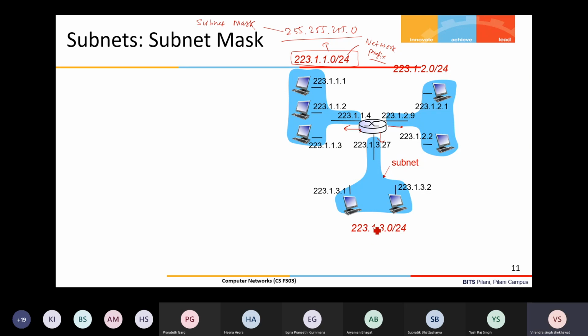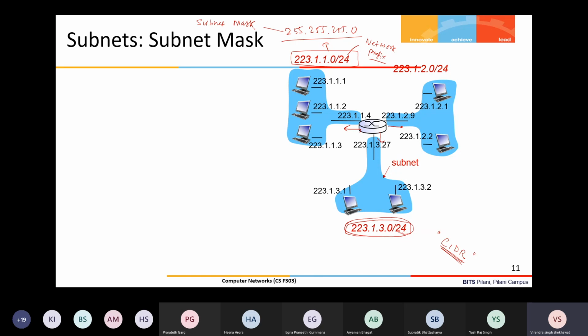Similarly, this notation is also called CIDR notation, classless interdomain routing. There is also a classful one, which I will introduce later, but this is called CIDR notation, when you write an IP address slash some number.